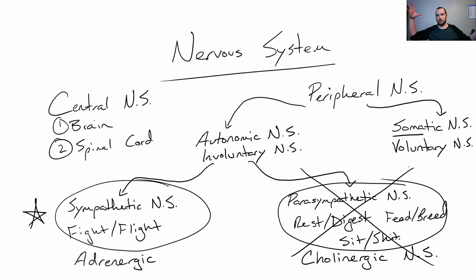The parasympathetic nervous system, the cholinergic nervous system, can trigger bronchoconstriction. So by blocking the parasympathetic response, we're blocking that bronchoconstriction, which means it's going to help open up the lungs because it's going to allow that sympathetic nervous system to have its effect, which is bronchodilation.